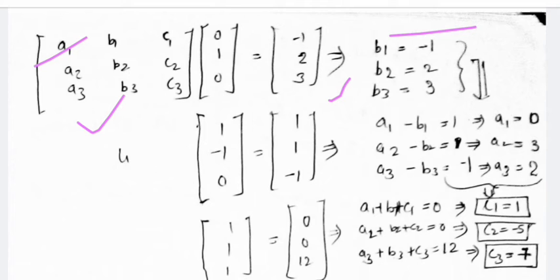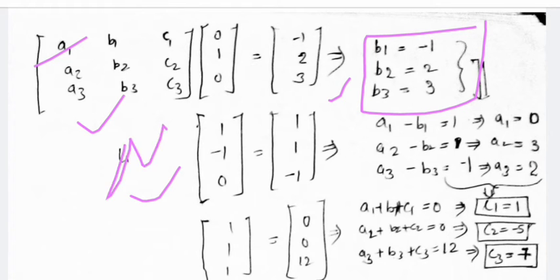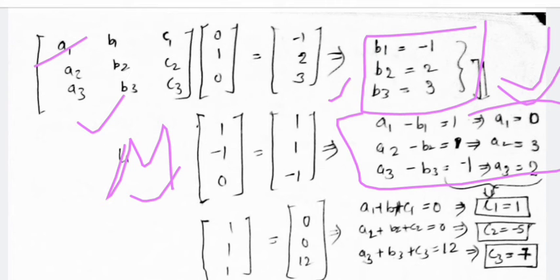After solving this equation, we get the value of B1 is -1, the value of B2 is 2 and the value of B3 is 3. Now another equation is to be solved by us, and here we also put this value of M. After putting the value of M, we get the equation. After solving this equation, we get the values of A1, A2, A3 with respect to B1, B2, B3. So here the A1 value is 0, A2 value is 3 and A3 value is 2.